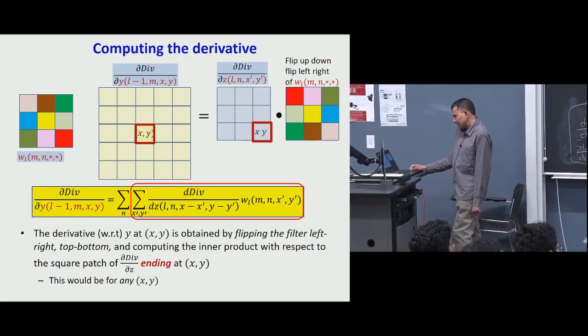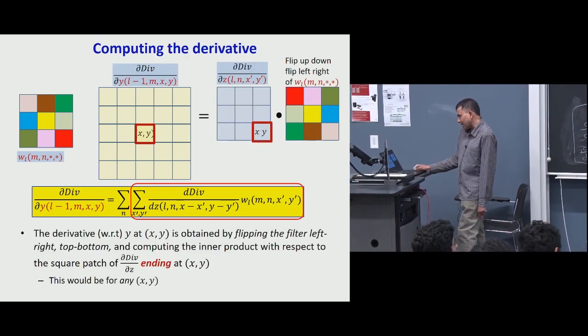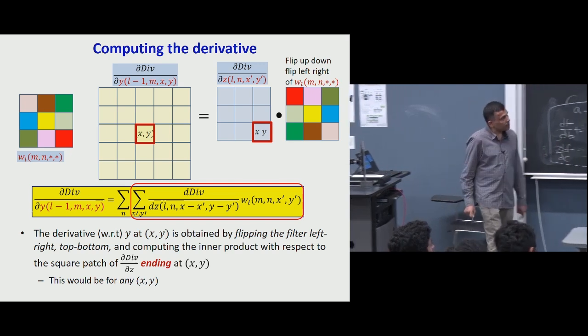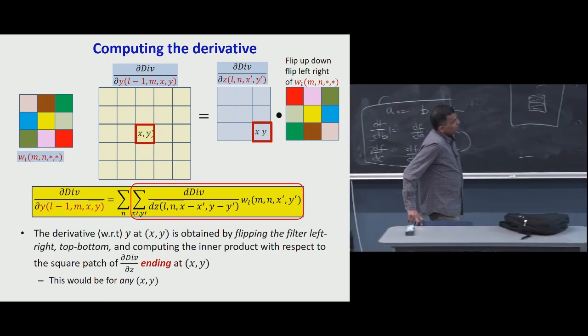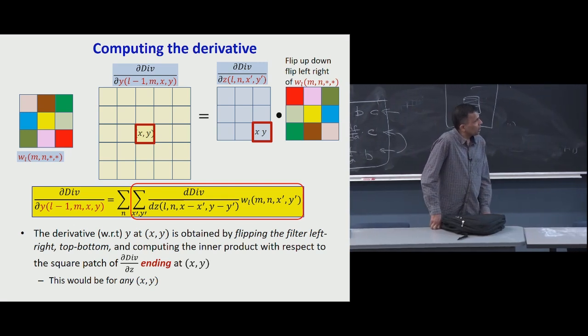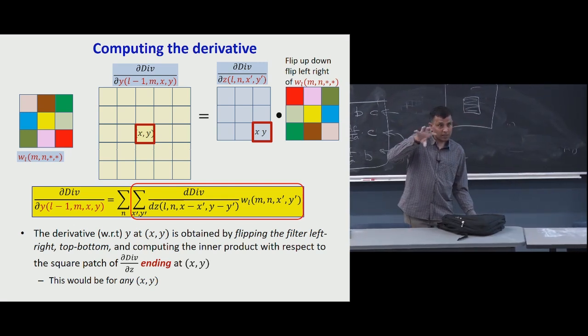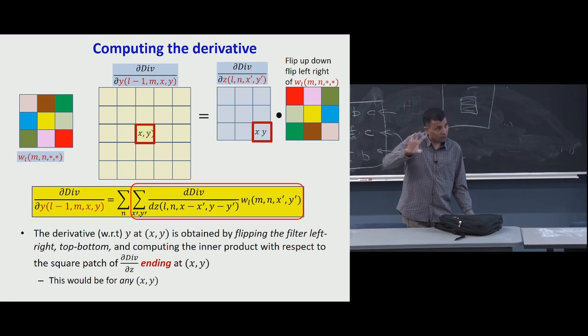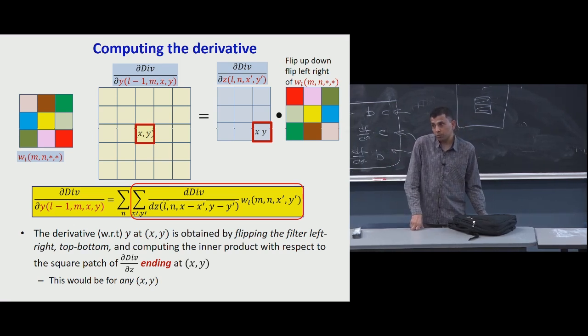Basically, the derivative with respect to xy is obtained by flipping the filter left, right, top, bottom, and positioning the flipped filter with its bottom right corner at xy. And then you compute the inner product of the flipped weight with the derivative map.